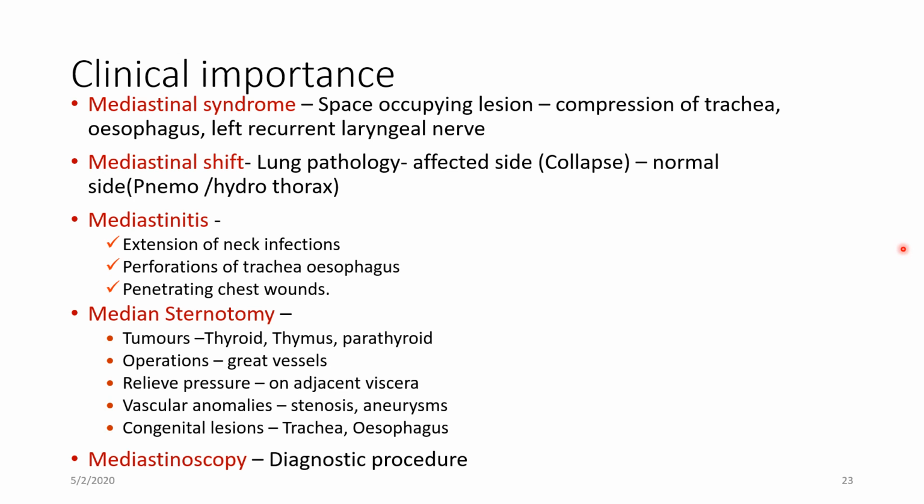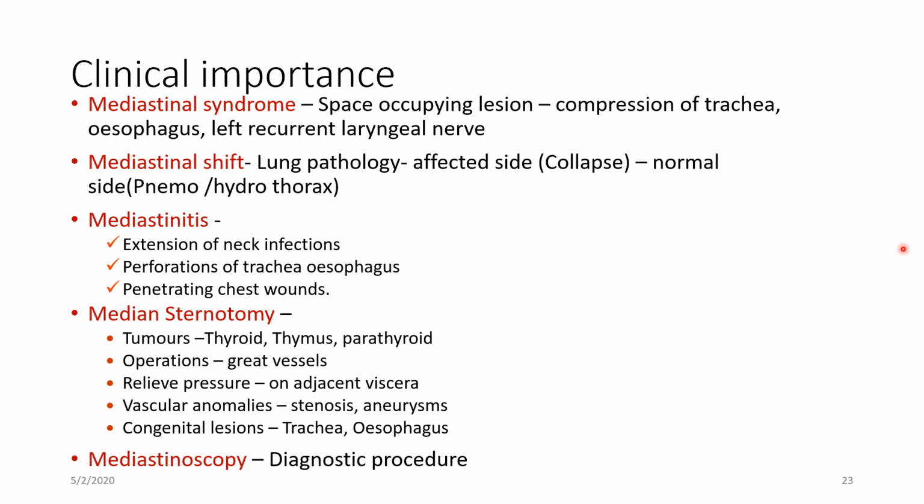Then there is mediastinitis, which is inflammation or infection in the mediastinum. This results from extension of infection from the neck because the prevertebral layer and pretracheal layer are extending from the neck to the mediastinum.